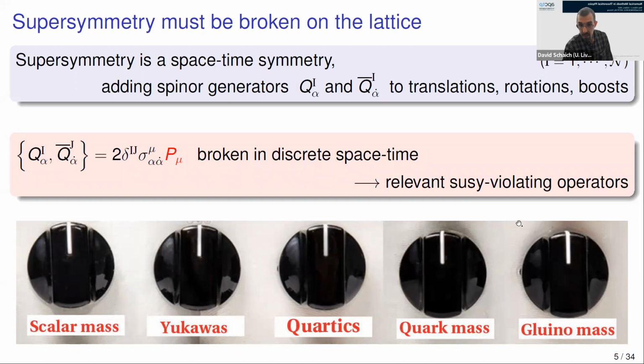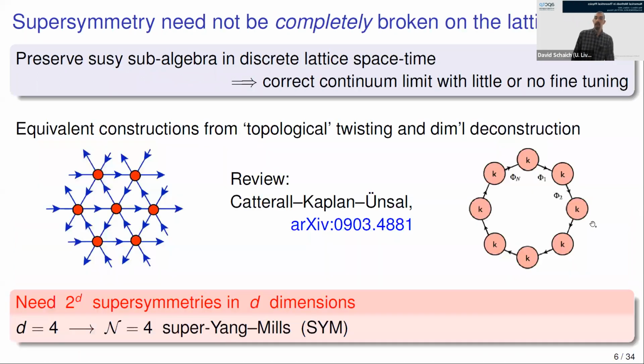And the key insight in recent years that has enabled practical numerical analyses of supersymmetric lattice field theories is the realization that although some supersymmetry has to be broken by the discretization of space-time, it is possible in some situations to preserve a closed subalgebra of that super Poincare algebra, even at a non-zero lattice spacing, which, in analogy to the discrete hypercubic rotations recovering the full Poincare symmetries automatically at the continuum limit, then guarantee the correct supersymmetric continuum limit with little or even no fine-tuning.